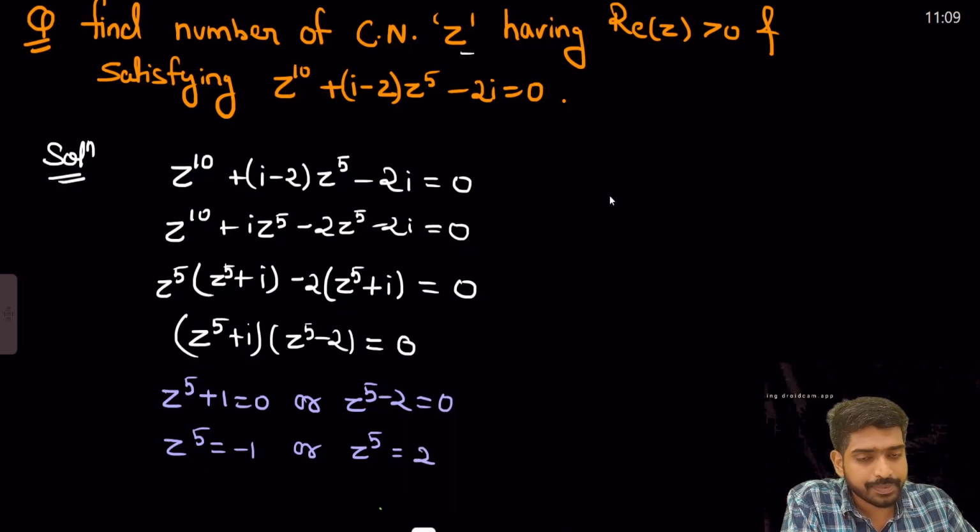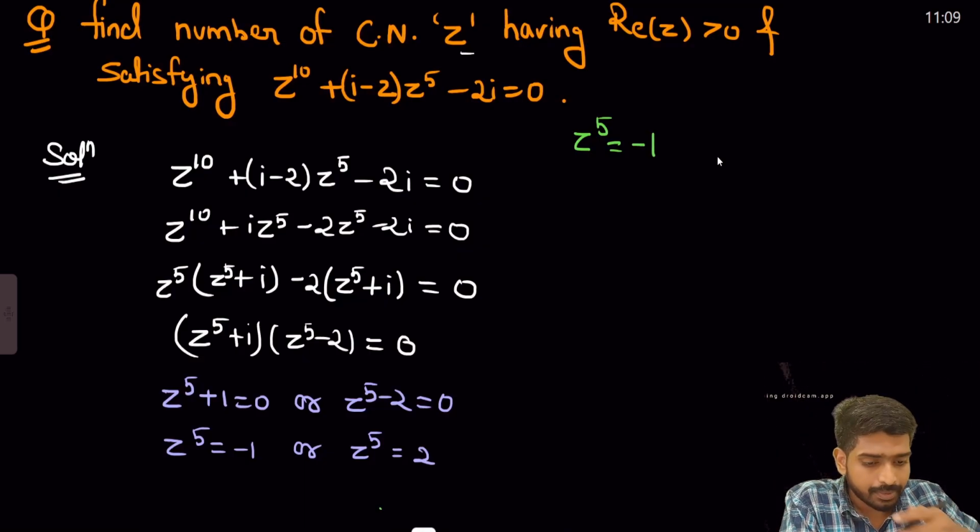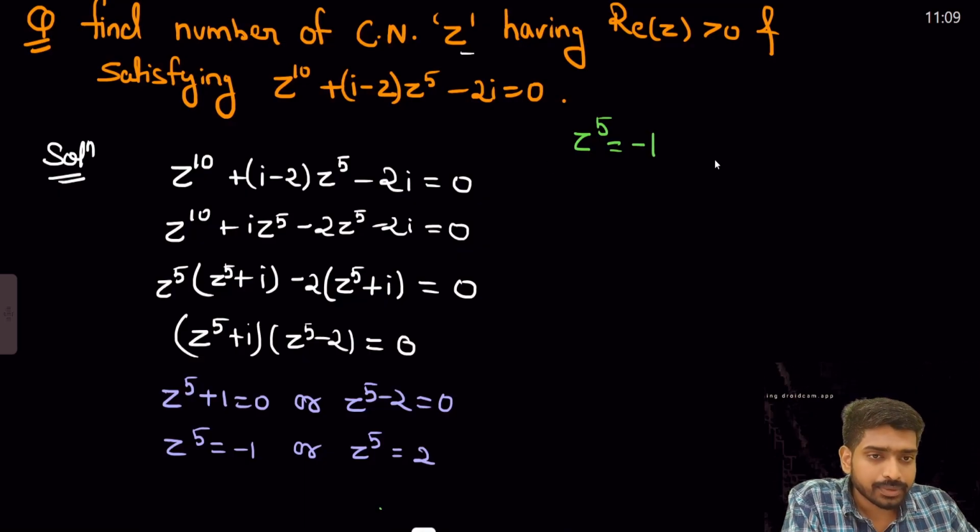In the first case, when z to the power 5 equals minus 1, I can write z to the power 5 as e to the power minus iota pi by 2. I converted this minus 1 into Euler's form.